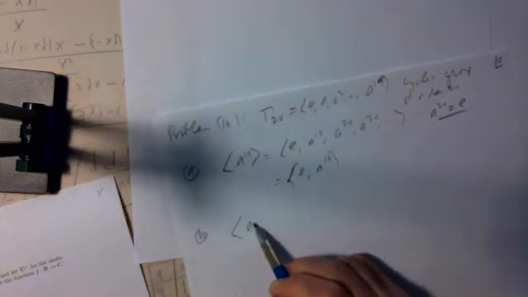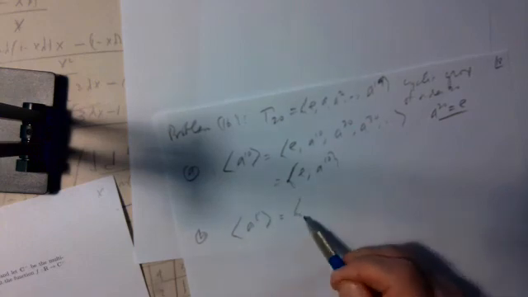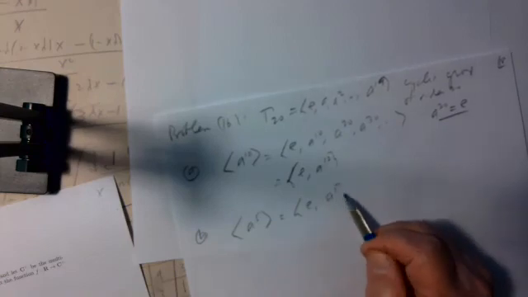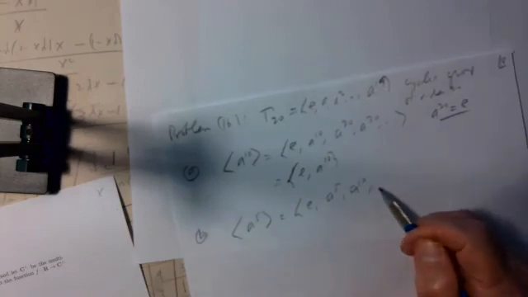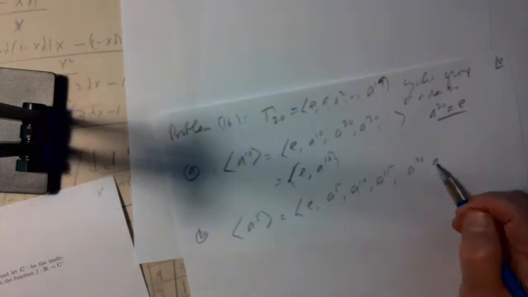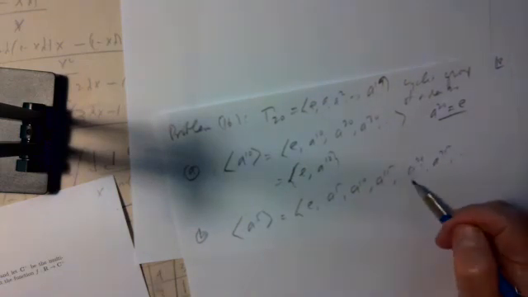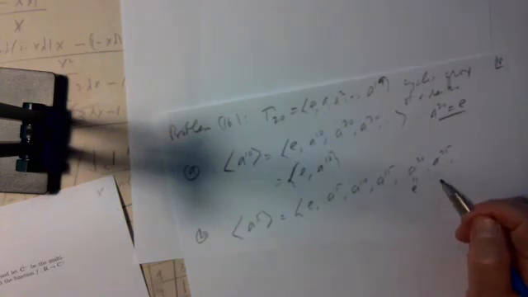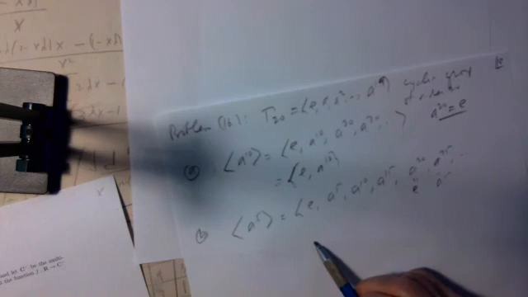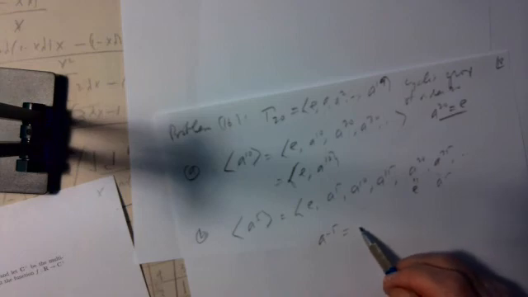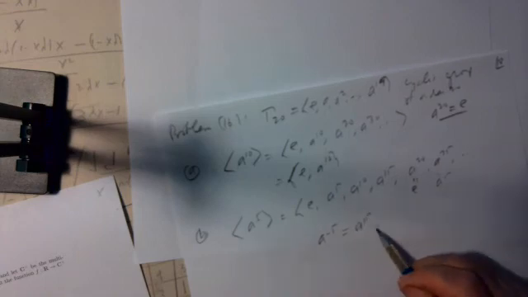If you take the subgroup generated by a to the 5th, you're taking all powers of a to the 5th: a to the 5th, a to the 10th, a to the 15th, a to the 20th, a to the 25th. But a to the 20th is just the identity, and a to the 25th is a to the 5th. A to the minus 5 is the same as a to the 15th.